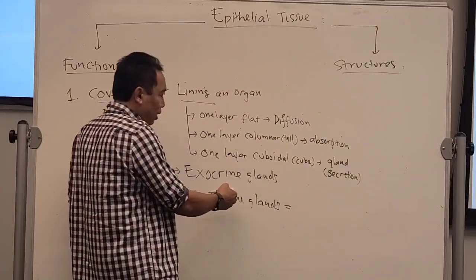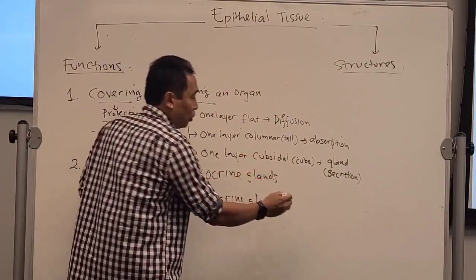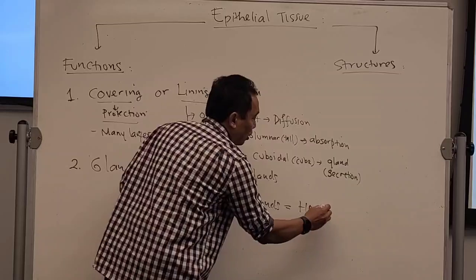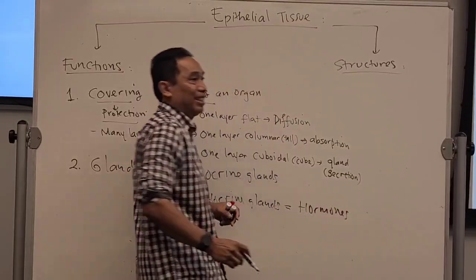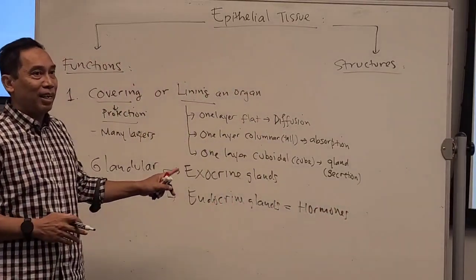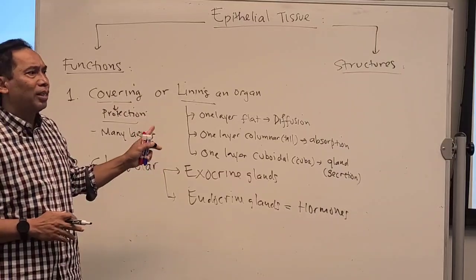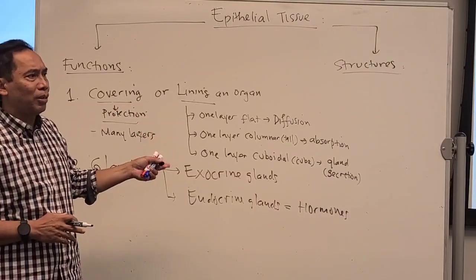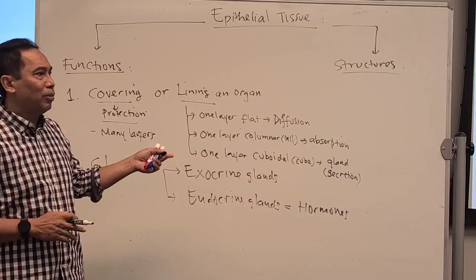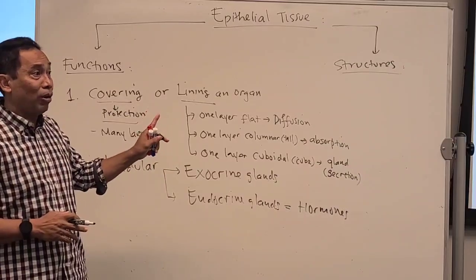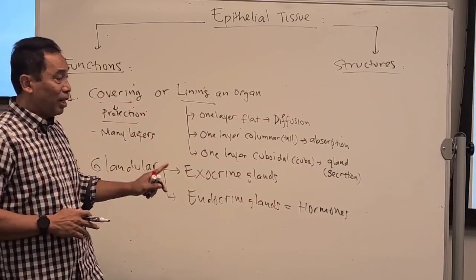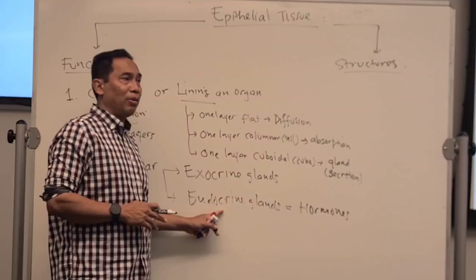The endocrine glands produce a product called hormones. Endocrine glands are the glands that produce hormones, and there are maybe about 100 types of hormone: estrogen, progesterone, insulin, right? There are many types, but all of them are called hormones, and the glands that produce them are all called endocrine glands.